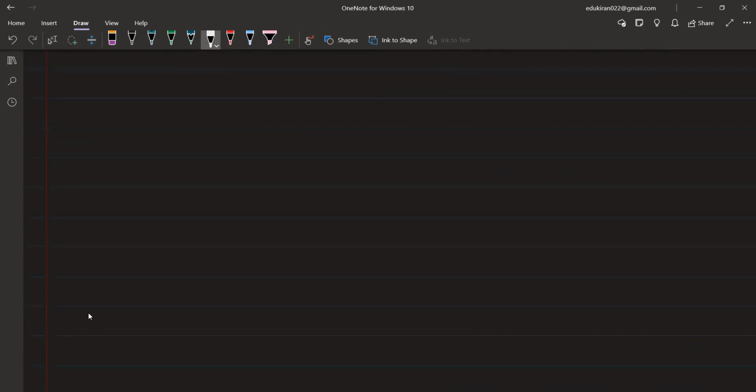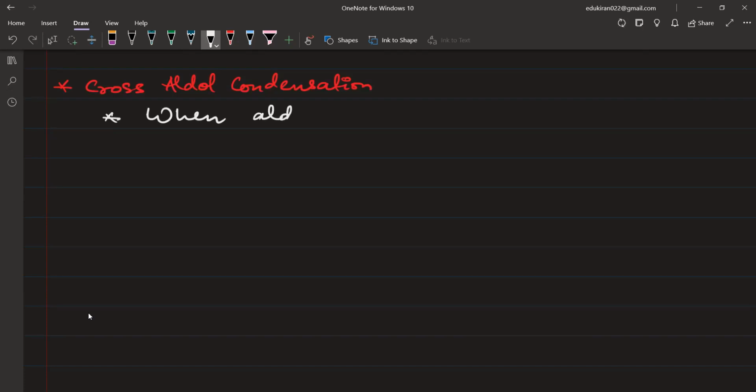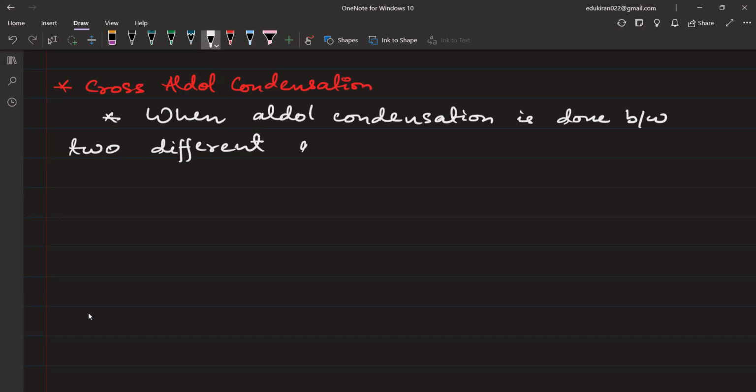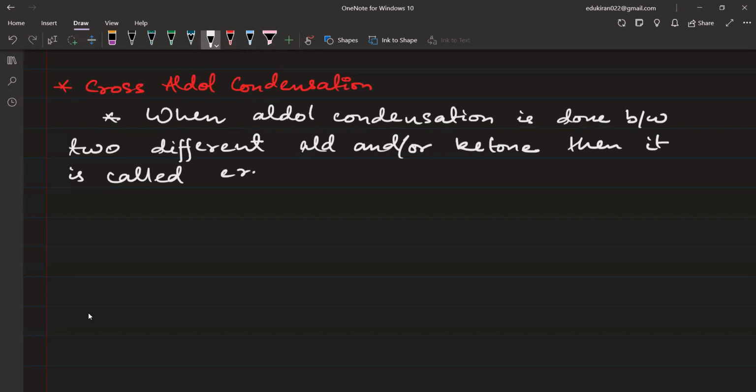Right, next, cross aldol condensation. When aldol condensation is done between two different aldehydes and or ketones, then it is called cross aldol condensation.